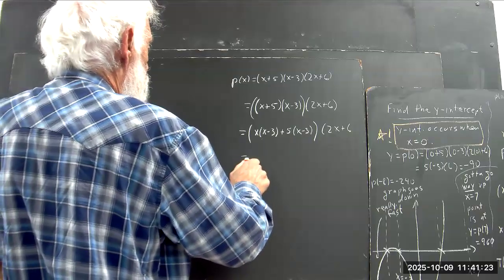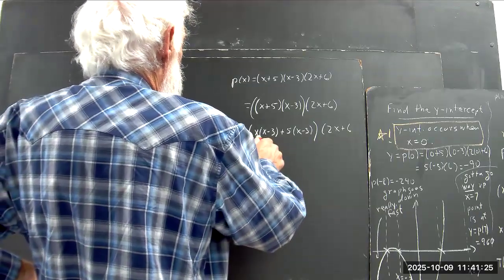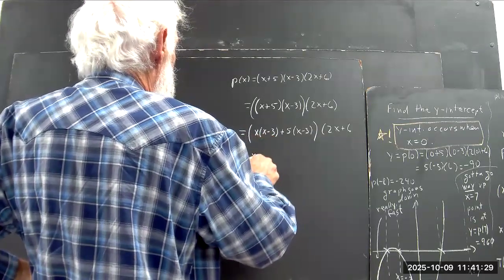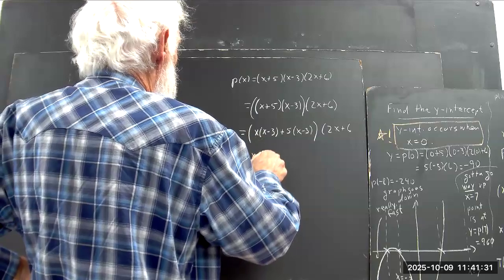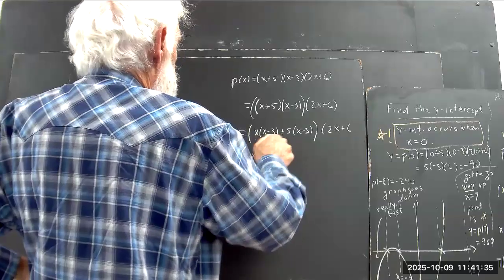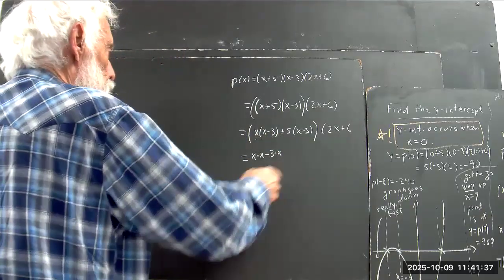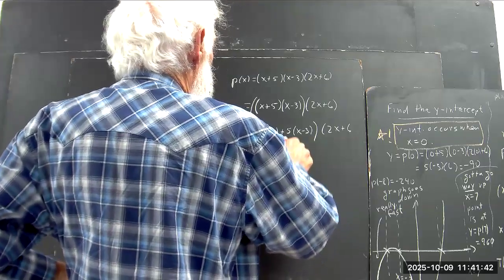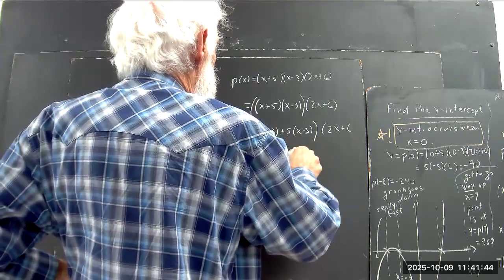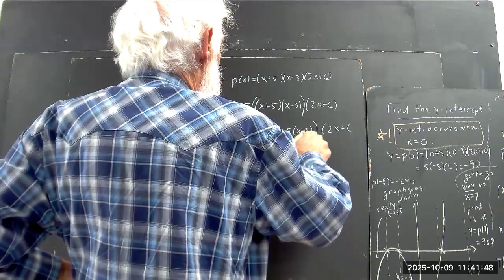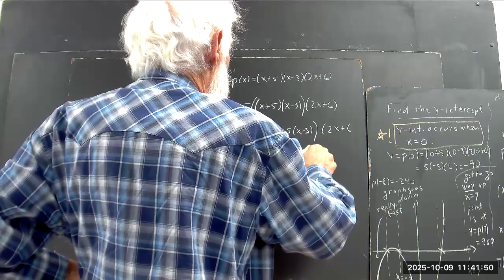And that then, if you multiply x times x minus 3, you get x times x, and then x times -3, which is -3x. Then we have 5 has to multiply x, and 5 has to multiply -3.